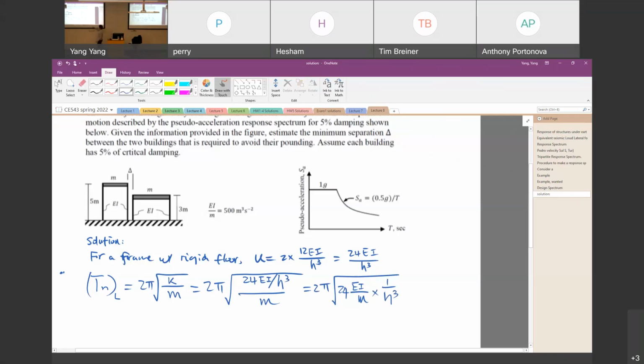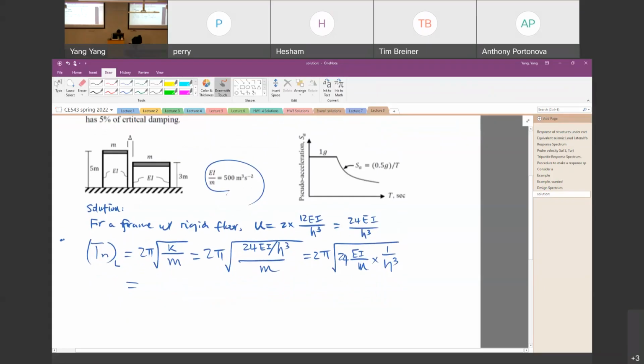And the value for the term EI over M is given to us, so that we should be able to calculate the natural period in this case.